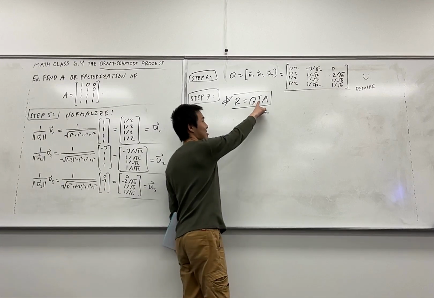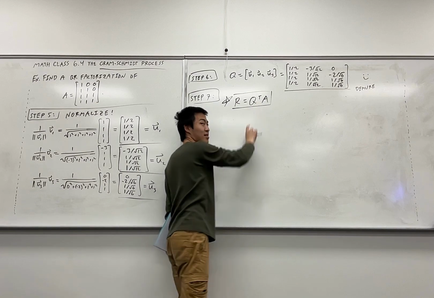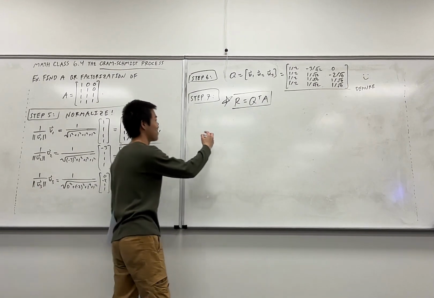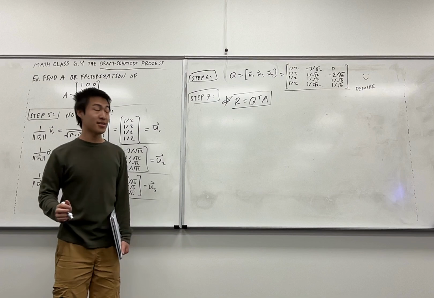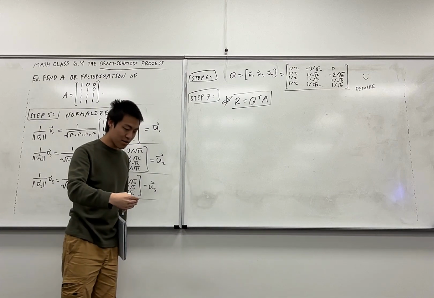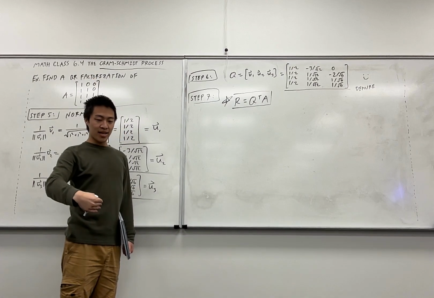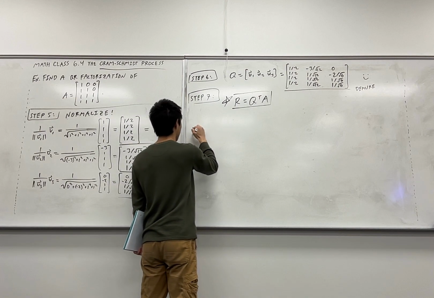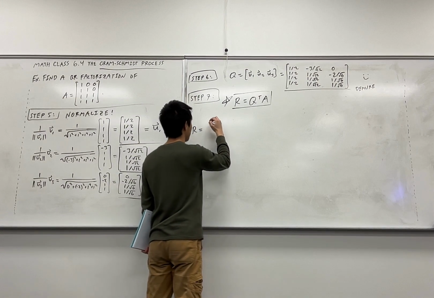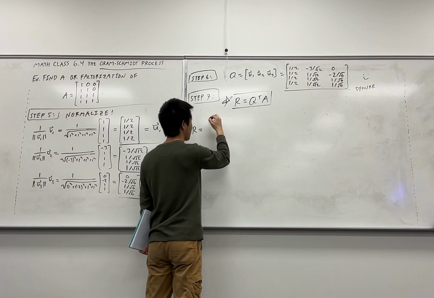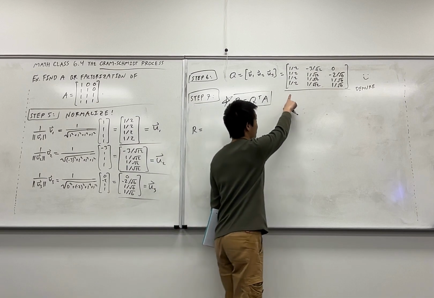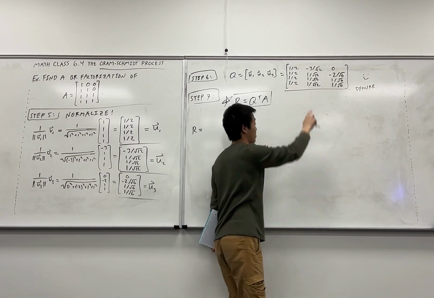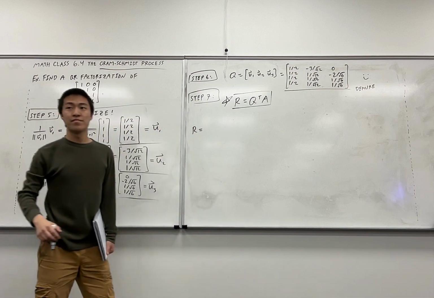So what does that T mean? Review all the way from chapter 3. Transpose. What the transpose does is you take every single column, and instead of writing the column like this, you write it like a row across. So R is equal to, I'm going to do that to this right here. What are the dimensions of my Q to begin with? 4 by 3.